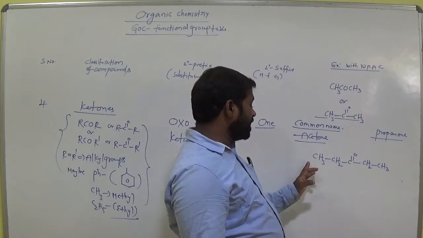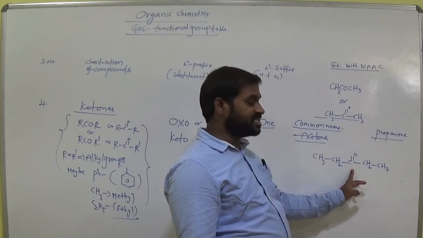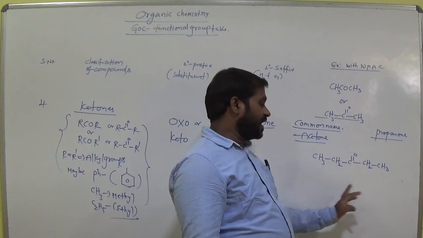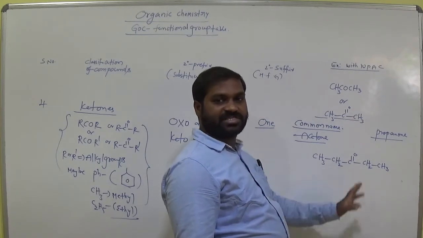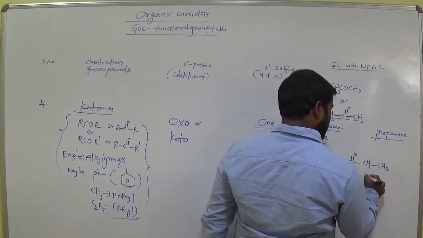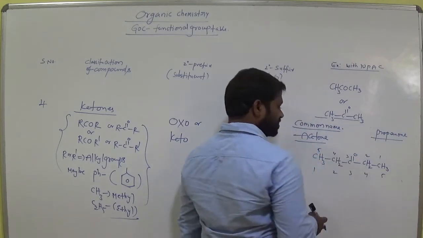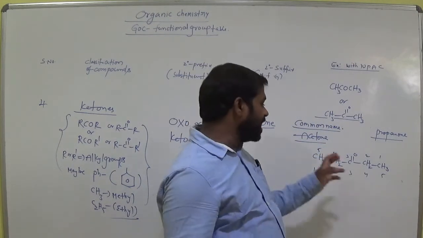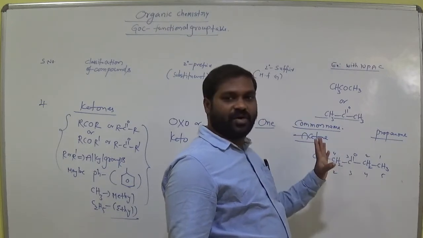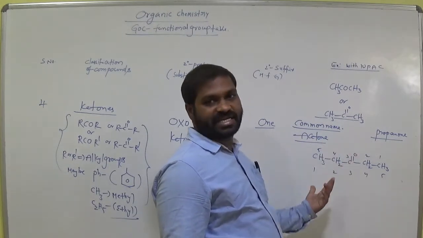If we give the numbering from this side, 1, 2, 3, this carbon gets 3. From right to left, 1, 2, 3. On both sides it gets the same priority. 1, 2, 3, 4, 5. On both sides, left and right, this carbon gets 3 only. So the numbering is your choice, either from the left or right side.